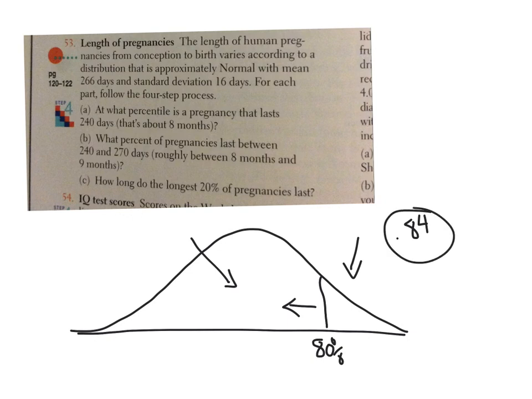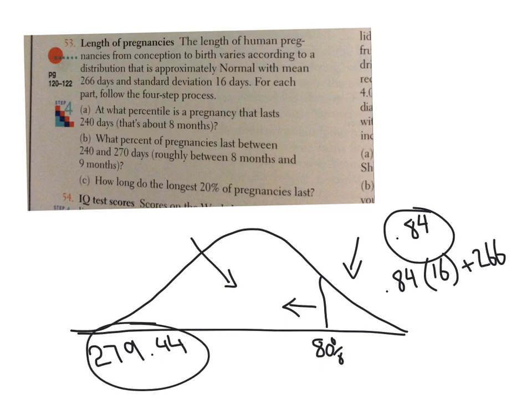We're going to multiply that by the standard deviation, which is 16, and add that to the average length of the pregnancy, 266. Let me do that. And the answer is 279 days, 0.44. Okay, so that's the answer to that one.